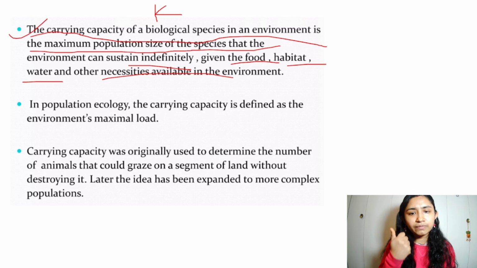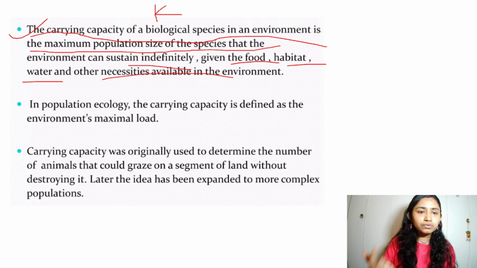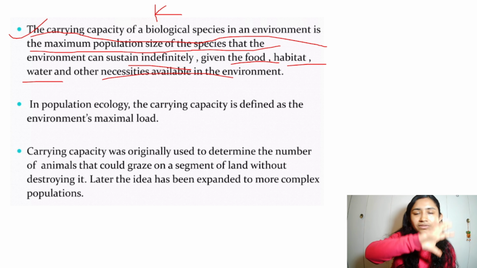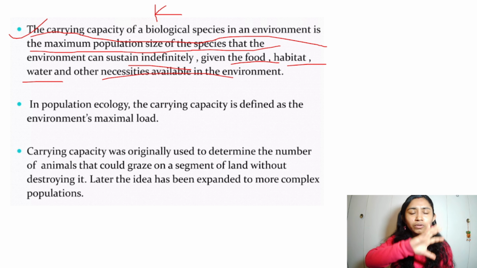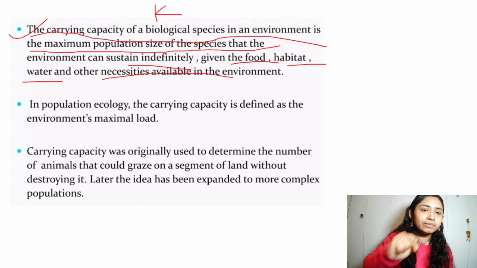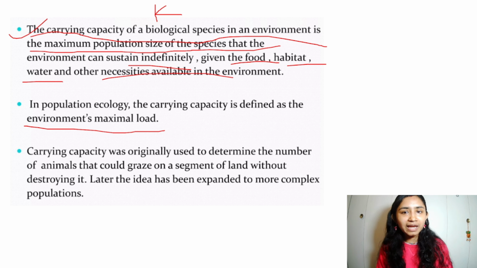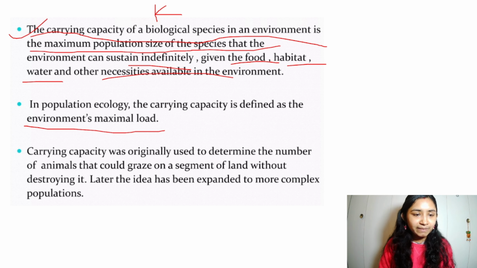We need a good environment, good food, water, and a good habitat. That total is known as carrying capacity. So the total capacity of the environment to support the organisms in a population is known as the carrying capacity. In population ecology, the carrying capacity is defined as the environment's maximum load. How many organisms can be supported by the available resources, that's the environmental maximum load.